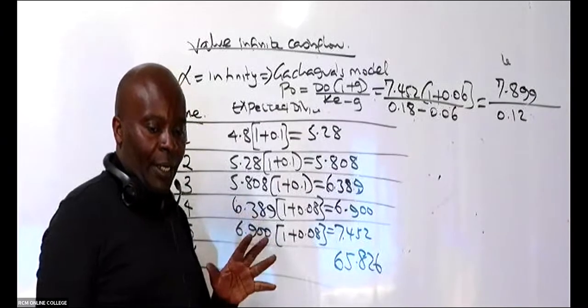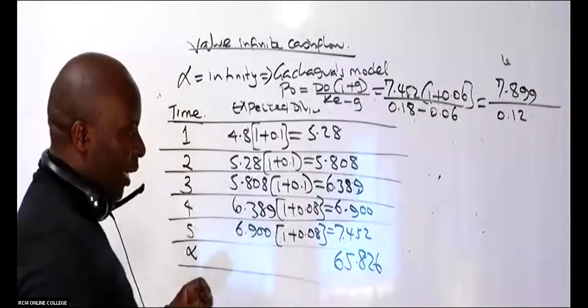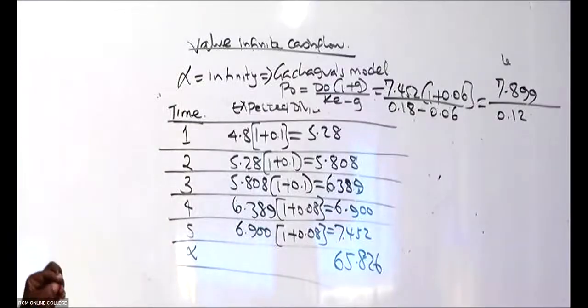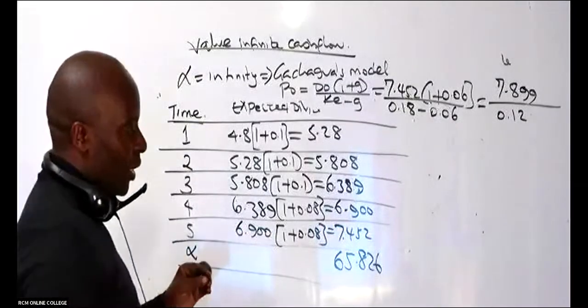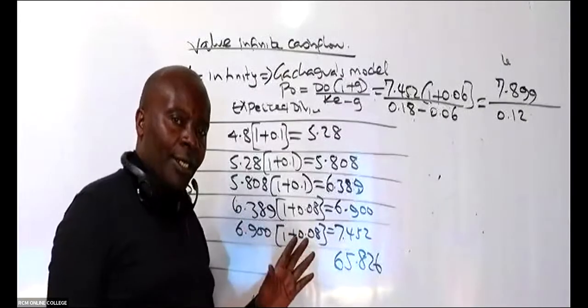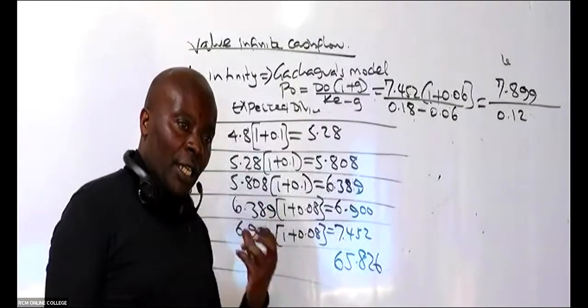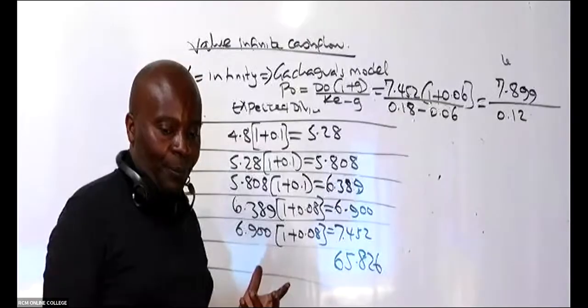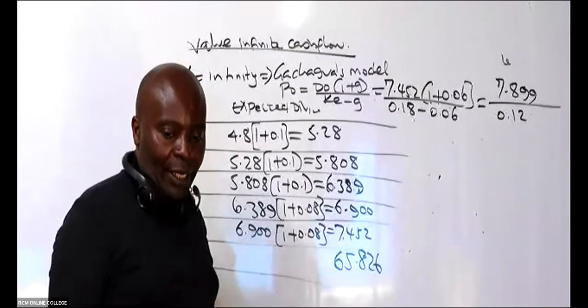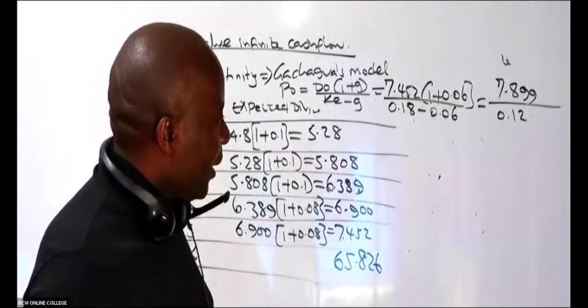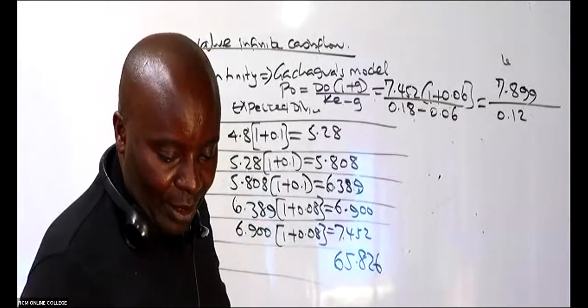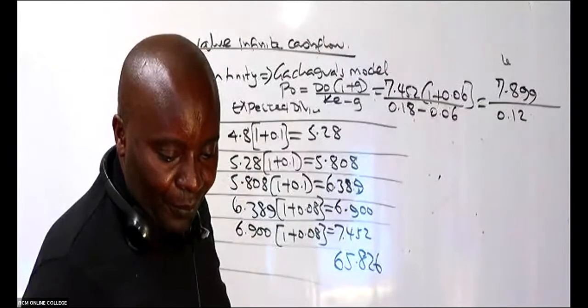Ladies and gentlemen, if there is anything that I would want you to really gain out of this session, it is how to calculate this infinite cash flow. 18% has been given. 18% is the required return.